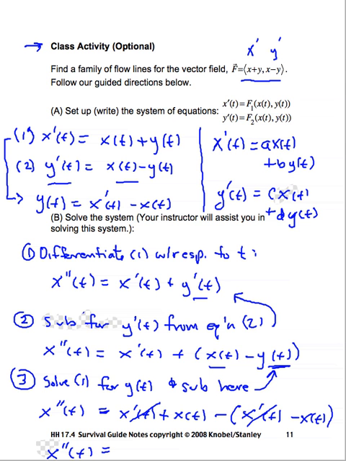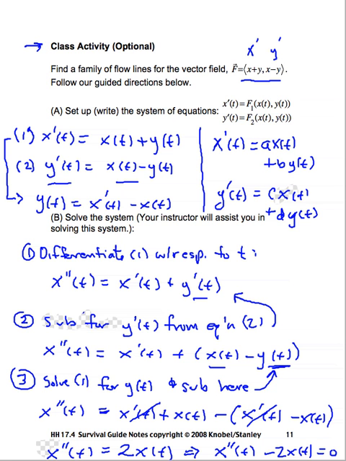And you're going to have x and then minus minus x, so you're going to get 2x of t. And for reasons that will become clear in a moment, I'm going to rewrite it. This is x double prime of t minus 2x of t equals 0. So keep that handy. We're going to use that in a moment.